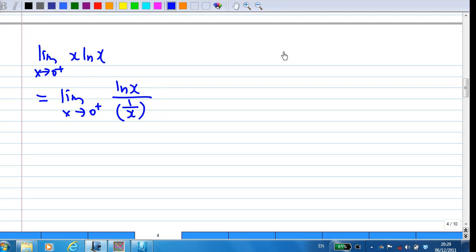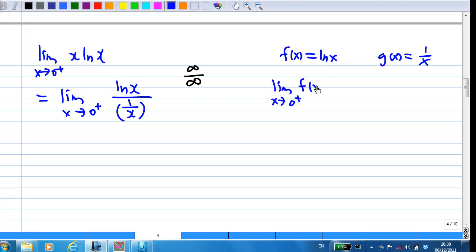So we know f x is ln x and g x is 1 over x, so that you have an infinity over infinity case, because the limit as x goes to 0 plus of f x is minus infinity, and of g x is infinity, and therefore you have an infinity over infinity case.